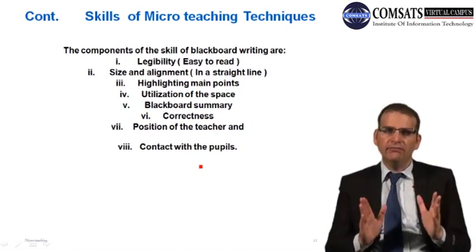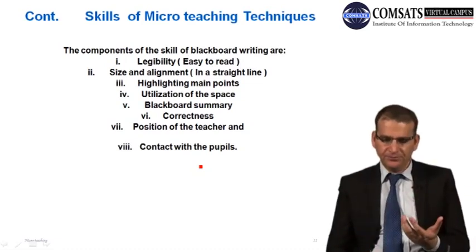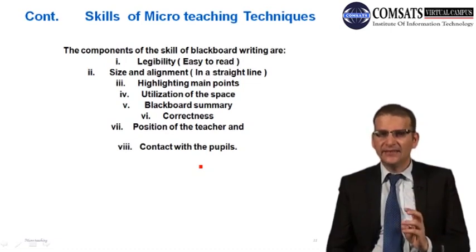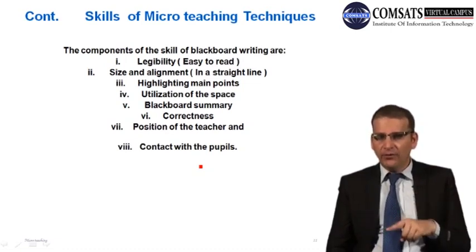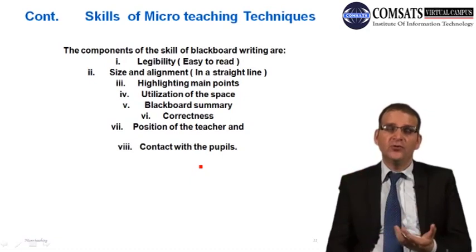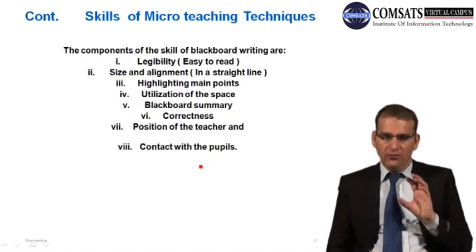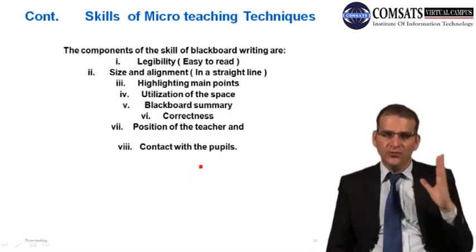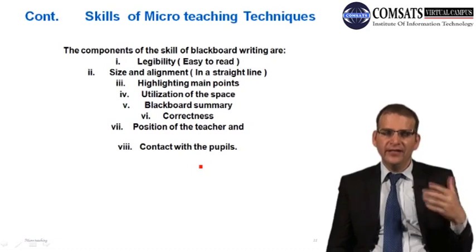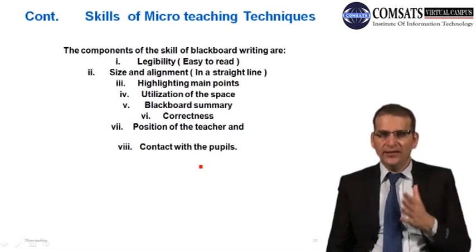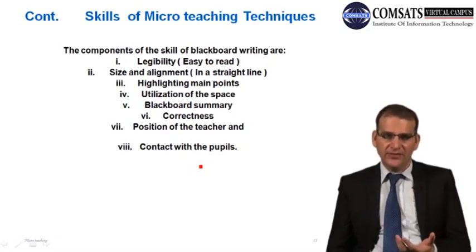Once you write everything, maybe you give a summary of that. Correctness. If you're in doubt about it, a question mark could be used. But better, of course, if you make a plan of what to write on the board and you do it in advance so that in the class you might not be embarrassed.